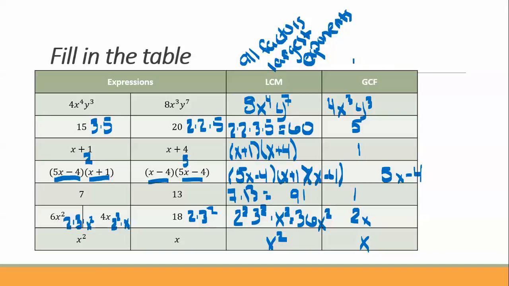Greatest common factor is the common factors and the smallest exponents.